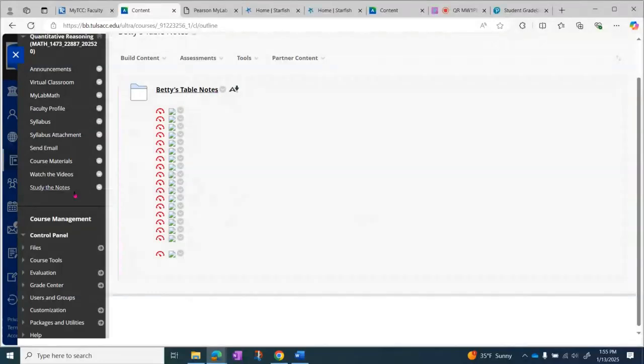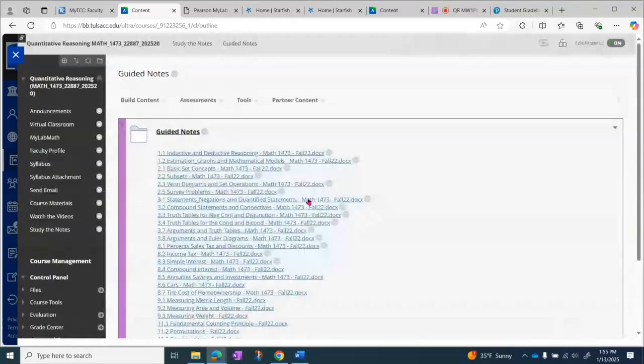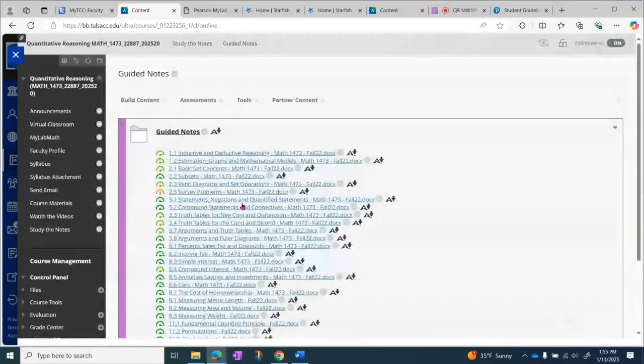And the first set are guided notes, and today we should cover section 1.1.